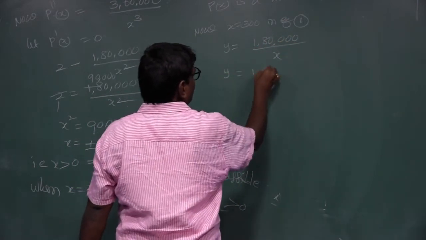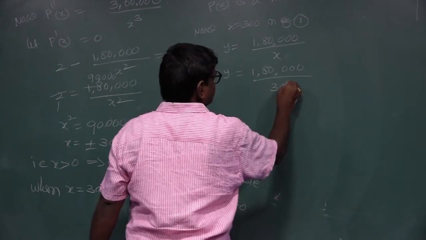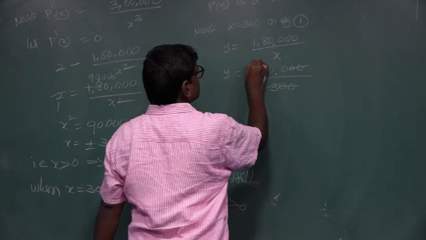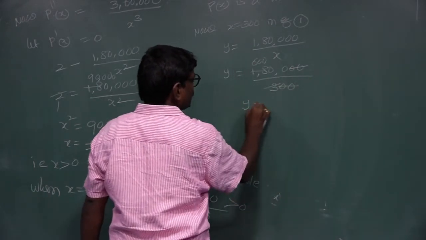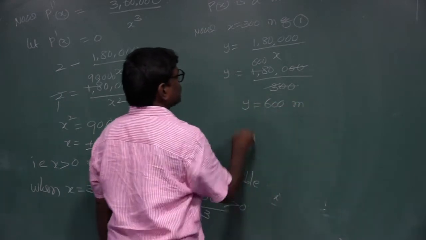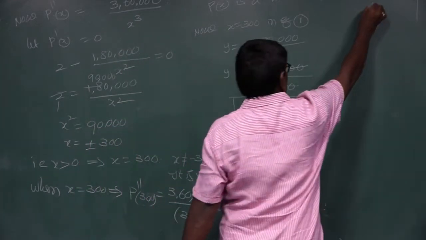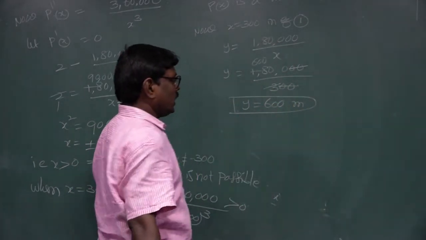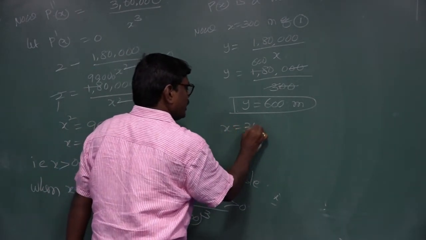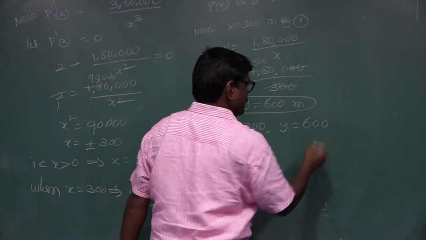Y is equal to 1,80,000 by 300, 3 0 0, 2 0 cancel, 3 600. Y is equal to 600 meters. X equal to 300, x length of the material. X equal to 300, y is equal to 600.